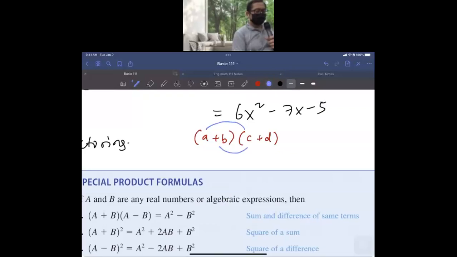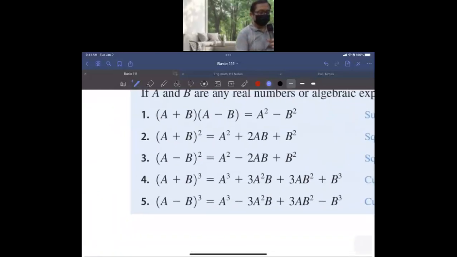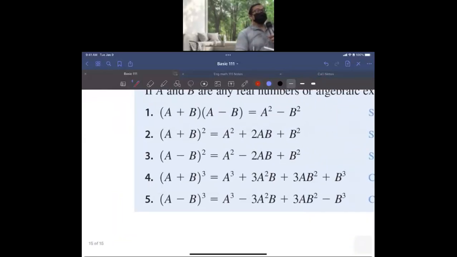So multiply, multiply and add, multiply and add. All the things here are practically something like that. So, for example, a plus b squared means a plus b multiplied with a plus b, and a minus b squared is a minus b multiplied with a minus b.